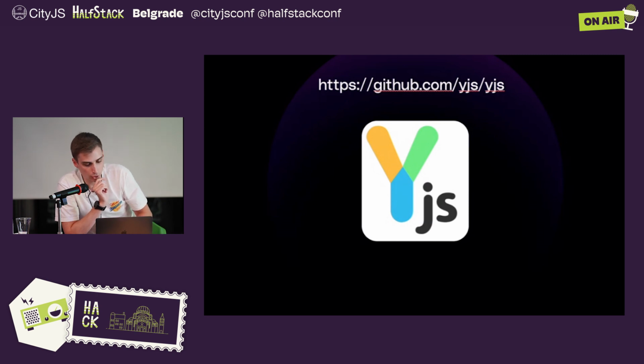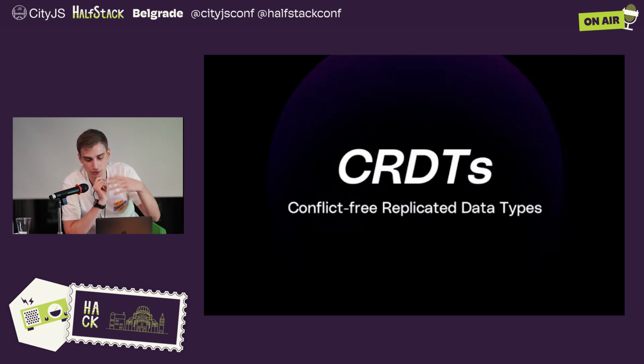So YJS is based on CRDTs, and CRDTs are conflict-free replicated data types. It sounds complicated, but it's truly self-explanatory. So these are really data types that are replicated across all the connected clients. And the easiest way to metaphor it is by passing a JavaScript object reference to all the clients connected.